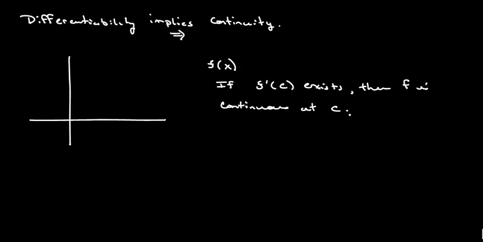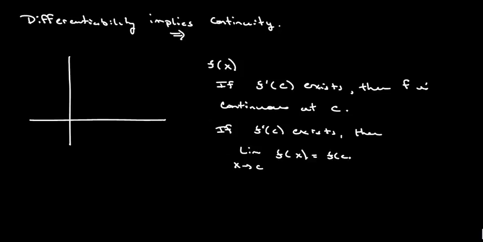Another way of saying that is if f prime of c exists, then the limit as x approaches c of f of x is equal to the function value.